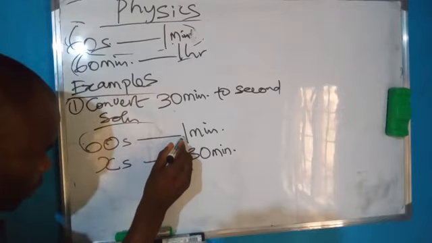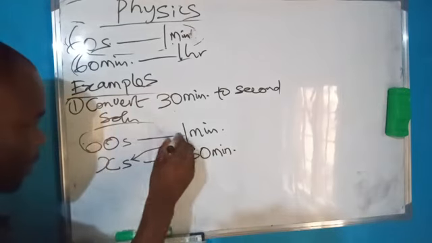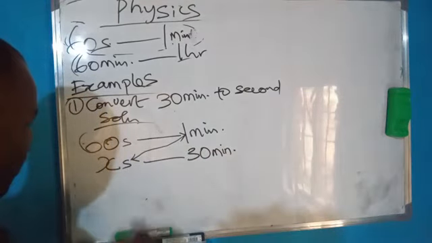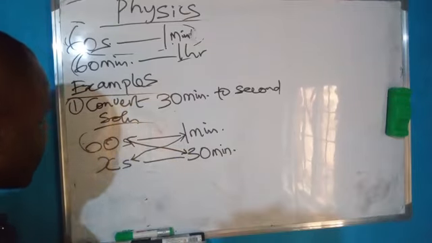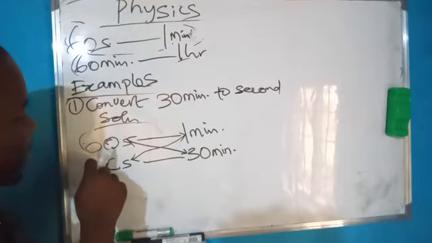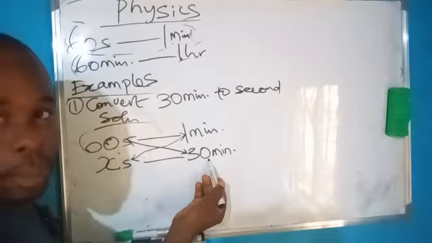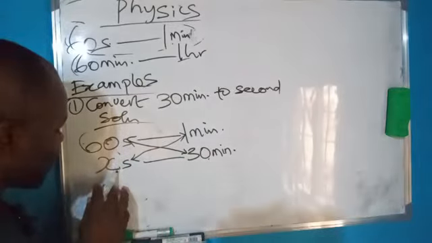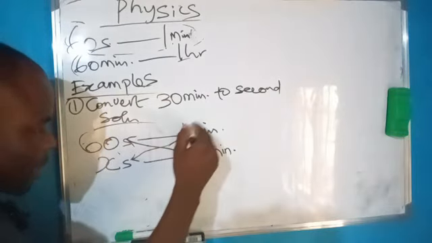Now, you cross multiply like this. You see the direction? So that 60 seconds will be multiplying this 30 minutes, while this x seconds will be multiplying this 1 minute, just in this direction.